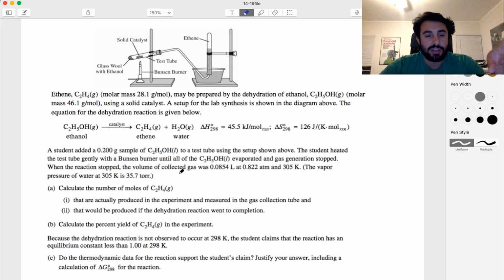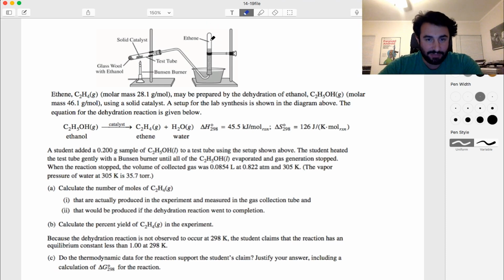So the first question is, calculate the number of moles of ethene gas, one, that are actually produced in the experiment and measured in the gas collection tube, and two, that would be produced if the dehydration reaction went to completion. So what we're saying is all of this is going to evaporate and go down here. And then we're going to collect as much ethene as we can, right?